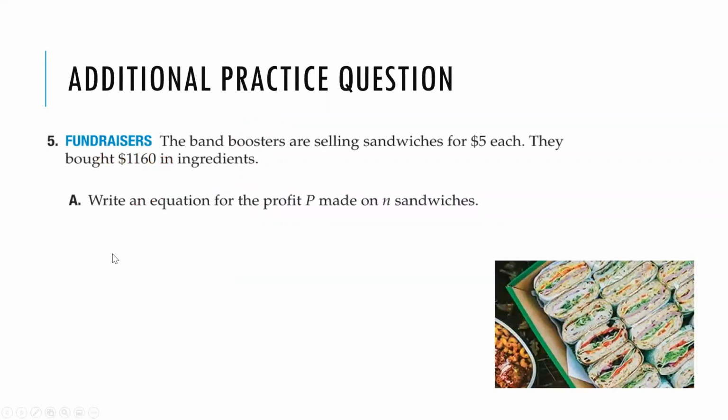Now, word problem, everyone's favorite. It says the band boosters are selling sandwiches for $5 each. They bought $1,160 in ingredients. Write an equation for the profit P made on N sandwiches. So P is going to be equal to the profit, and then N is going to be equal to the number of sandwiches.